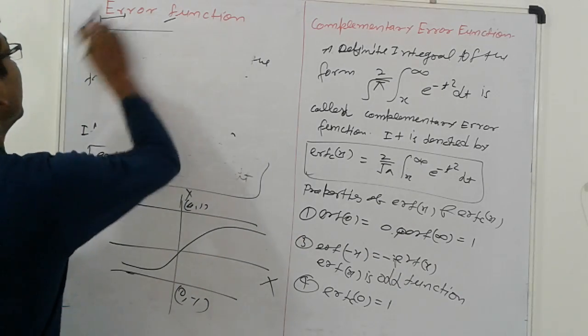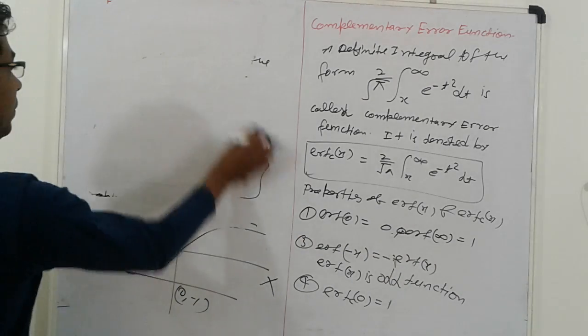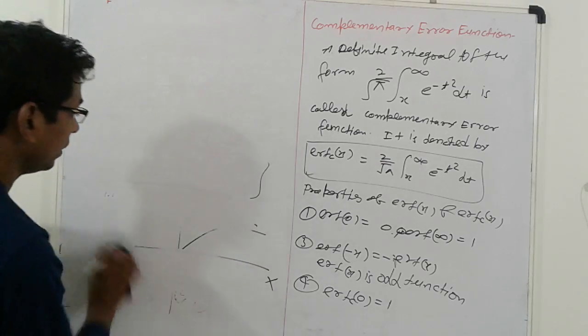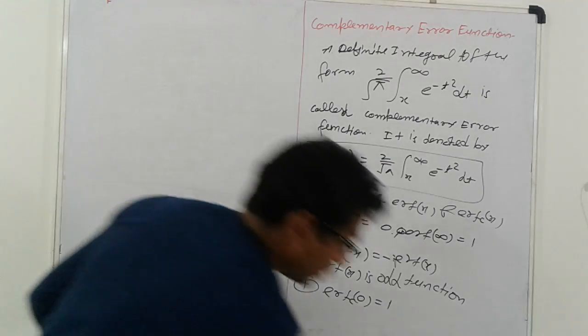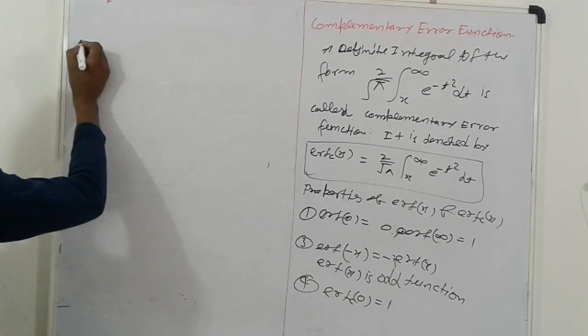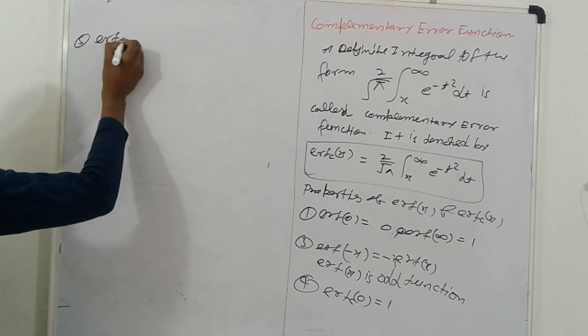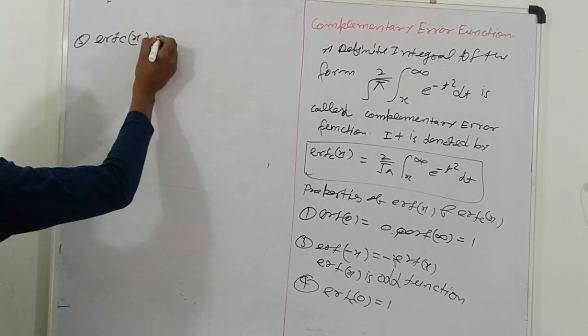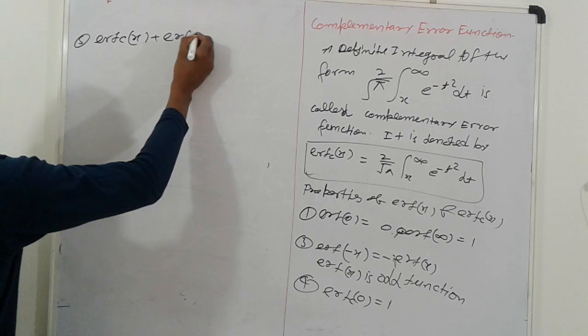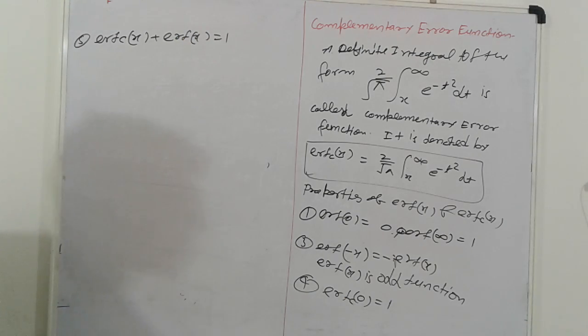here taken another properties. So first we write down the properties and after then evaluate. 5, erfc of x plus erf of x equal to 1. Simple, that is properties.